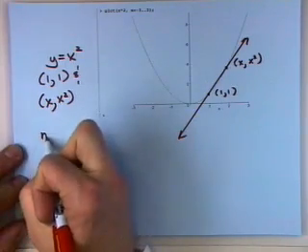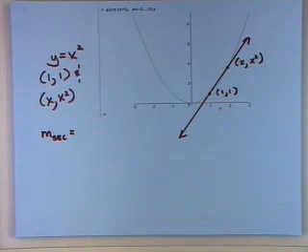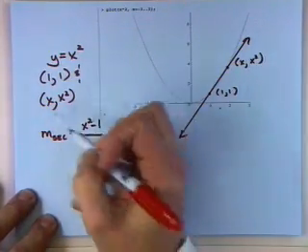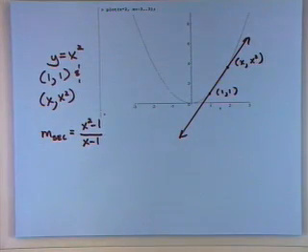So what is the slope of the secant? Well, let's take the difference of the y's over the difference of the x's. So x squared minus 1 over x minus 1. You can see a little algebra developing here, which is going to be handy.